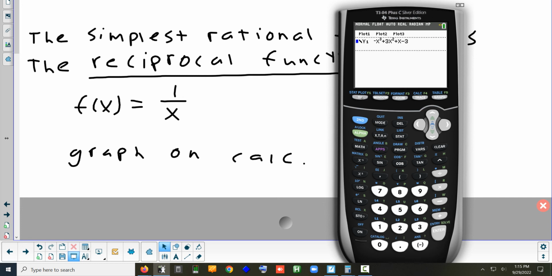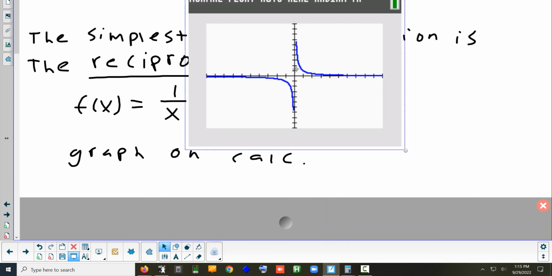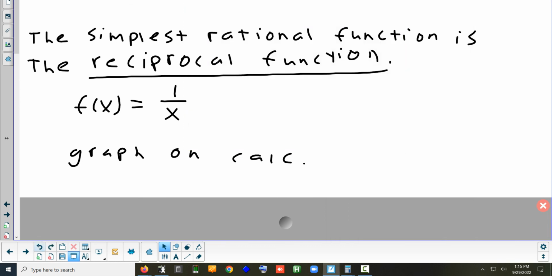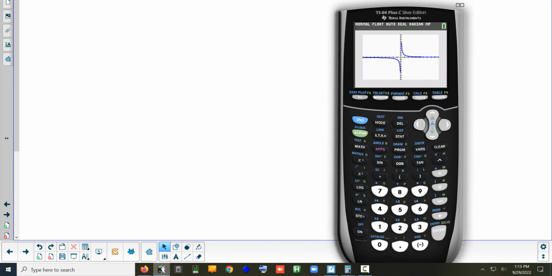So if you look at 1 over x, what value are you not allowed to use for x? 0. Can't use 0. So we know there's going to be a discontinuity at 0. You have to lift your pencil. Let me put that on its own page so we can make it bigger.